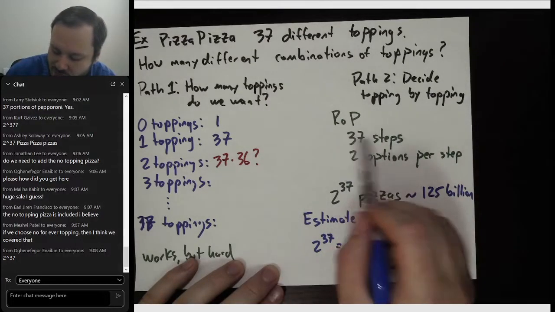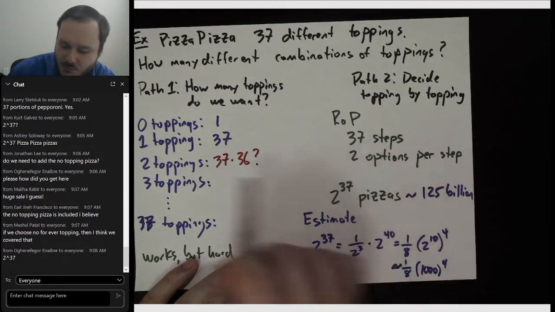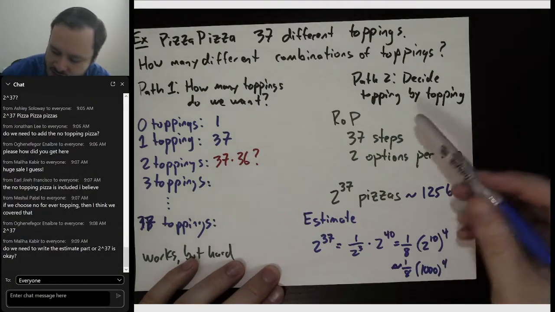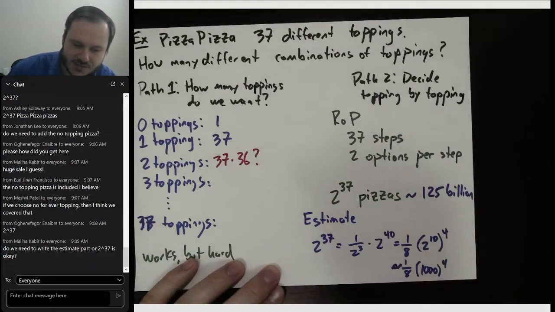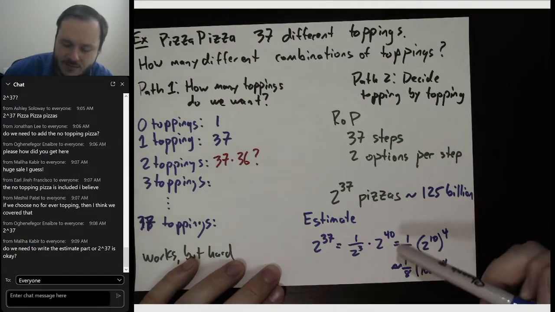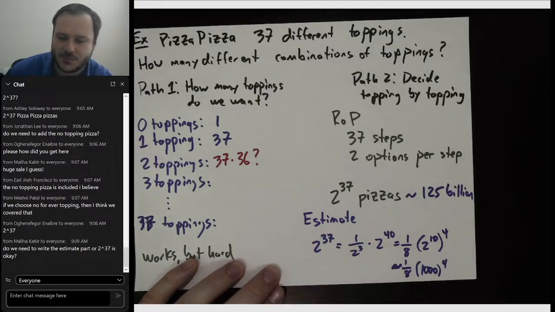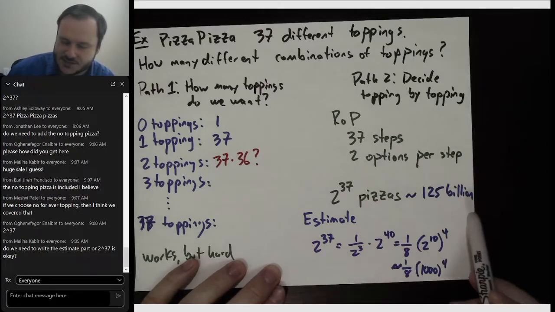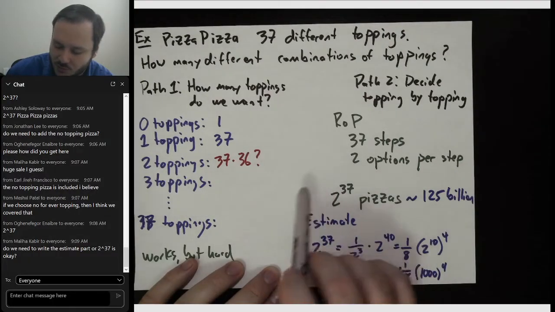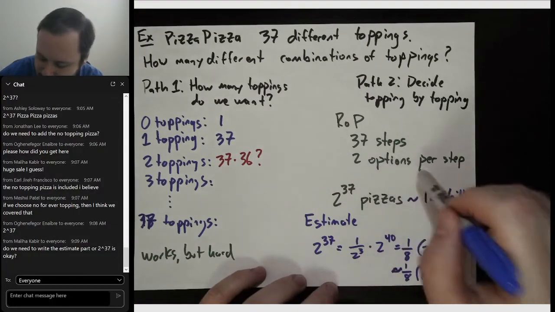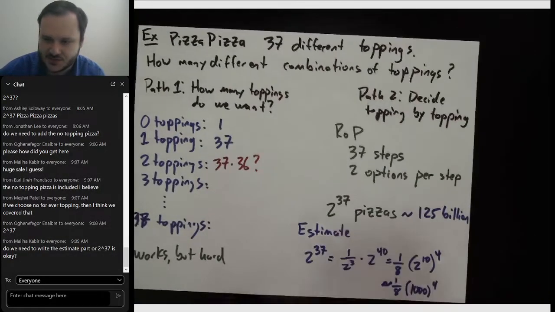Then once you have your steps, count up how many options there are in each step and multiply all of those numbers together. So for step 1, I have 2 options, arugula, yes or no. For step 2, I also have 2 options, anchovies, yes or no. Each one of these 37 steps, I've got 2 options. So at the end, I multiply 2 times 2 times 2 times 2 times 2 times 2, 37 times. That's what gets me the 2 to the 37.